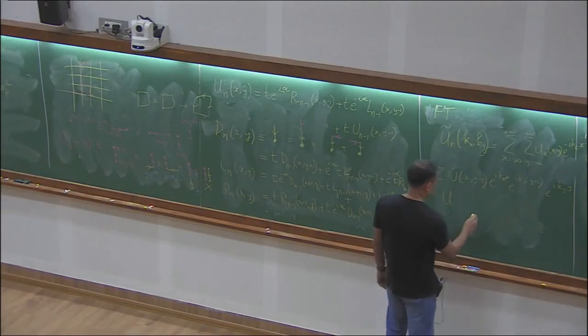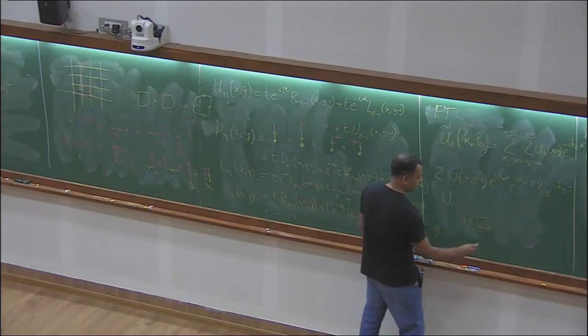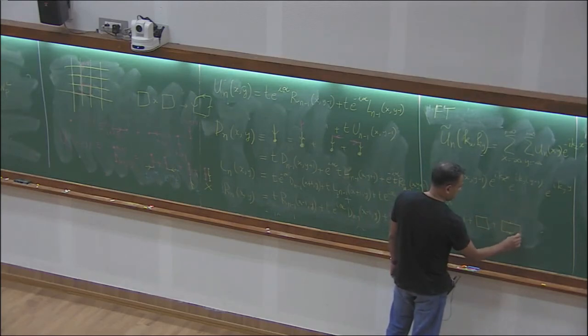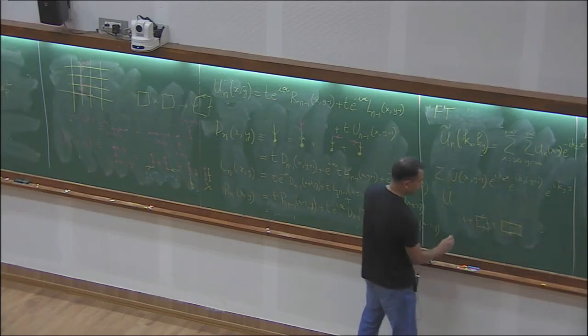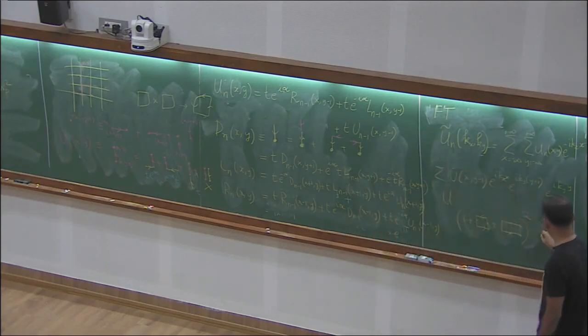So I have some expansion which is 1 plus square plus a rectangle, and I take the square of this. What are the terms I generate? I get 1 plus this square times the square of this.